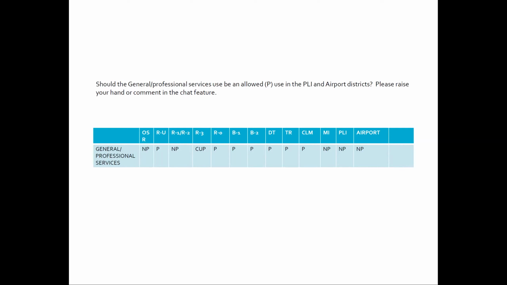A state office is an administrative office. Another example would be a school district office, also an administrative office. And I'm trying to recall if that's in a PLI or not. Those are a couple of examples that come to mind.